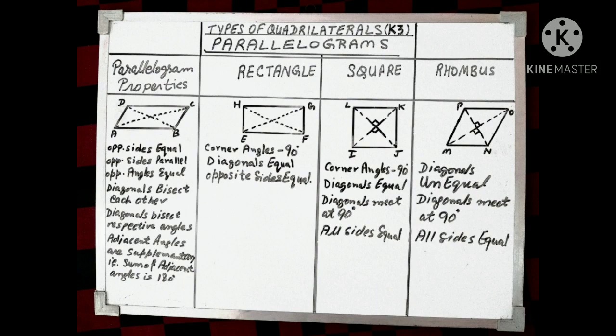So I hope you can easily distinguish between these three figures, keeping in mind this discussion we had just now. And in all the three figures, once again I am telling, all the properties of the parallelogram will apply for each of the figures along with the special properties of these three figures. Only then you will be able to distinguish them, right?